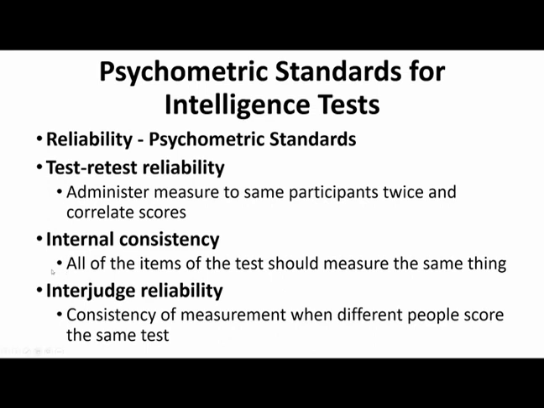So here we have it said as all of the items of the test should measure the same thing. So if you have items that are meant to be measuring your verbal ability in terms of IQ, then all of the verbal type questions should be giving you about the same answer. They should all be relatively correlated with each other.